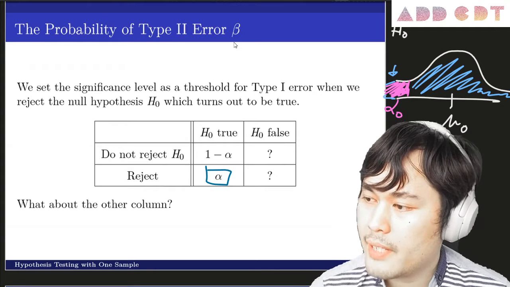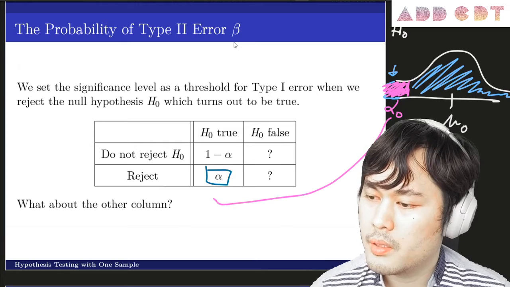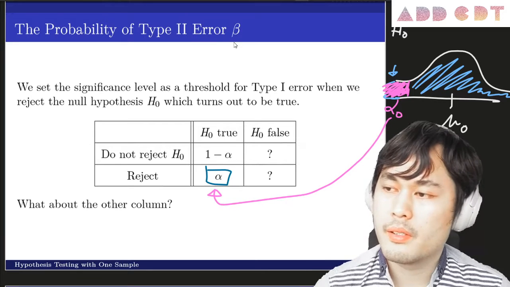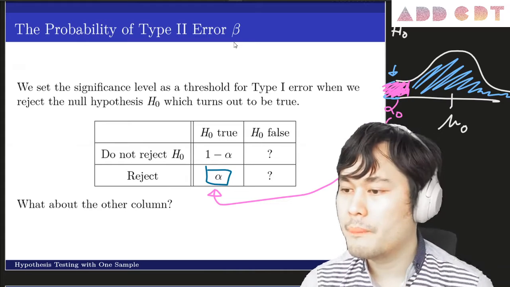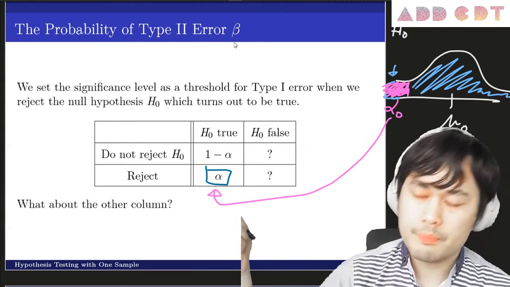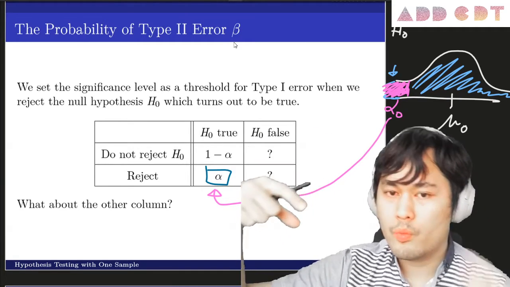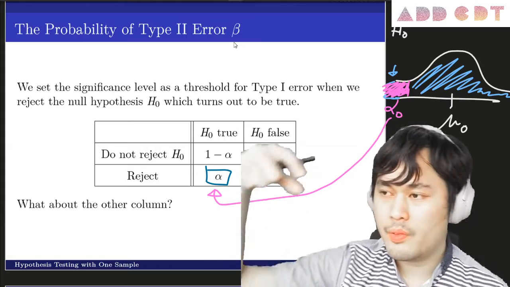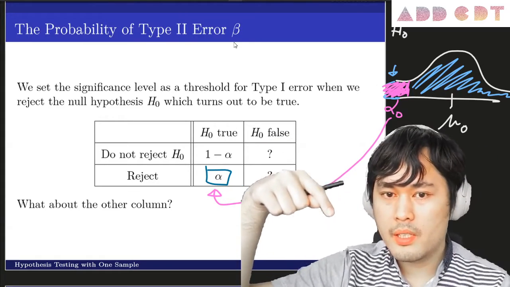So that area is going to be the same number we put here. If we want that case to be small, recall the example when we talked about patients, whether he's alive or dead, and should we treat him or not. If he is alive and we reject and don't treat him, he will be dead.